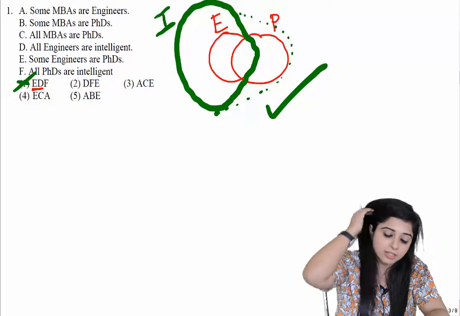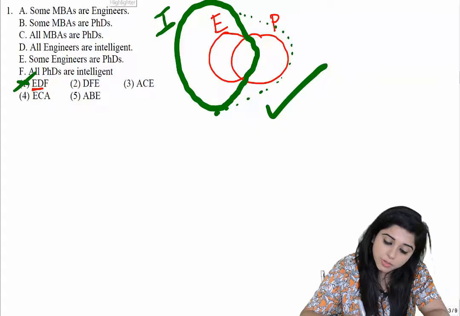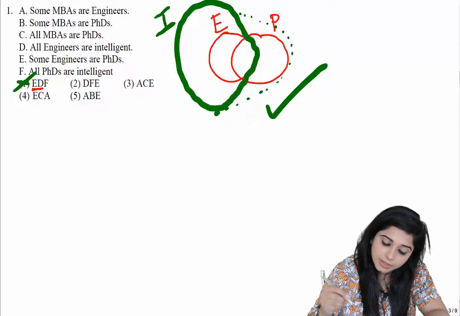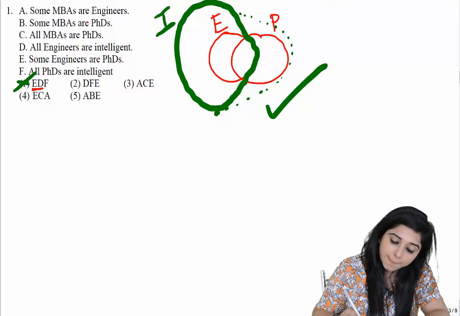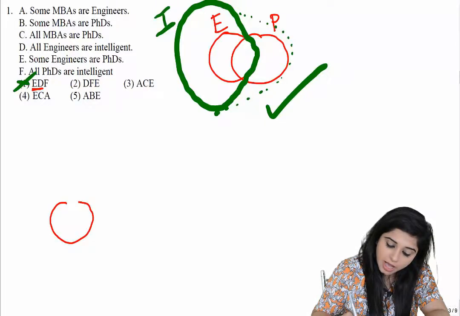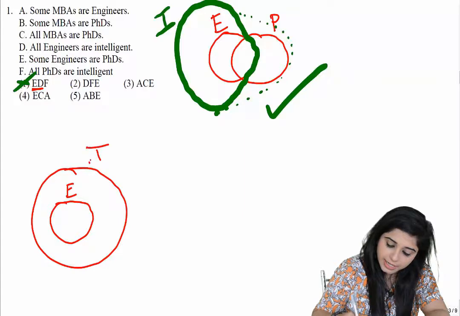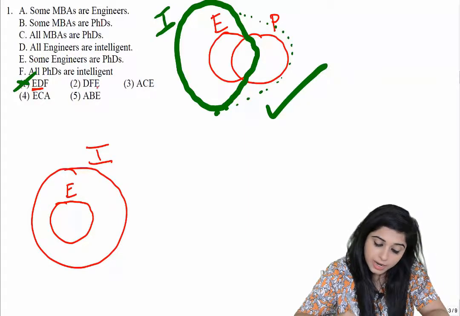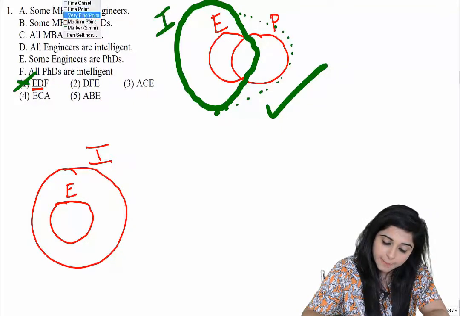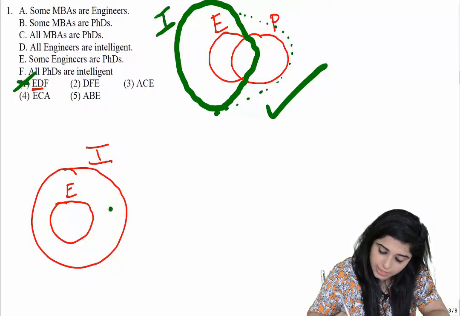Let's look at the second option, DFE. What does D say? All engineers are intelligent. D. What is F? F says all PhDs are intelligent. All PhDs are intelligent.